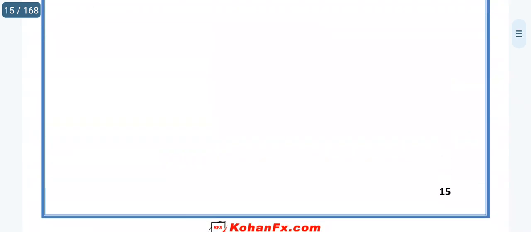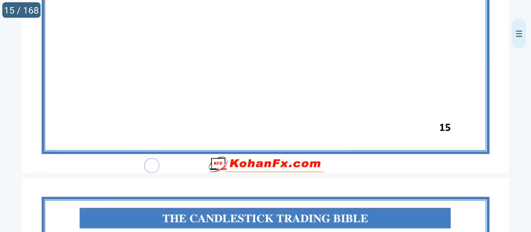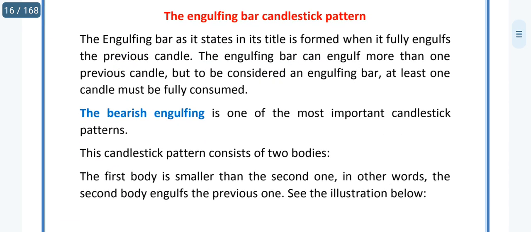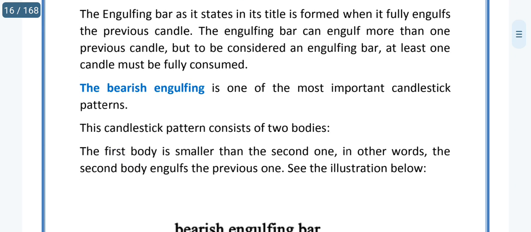So let us look at the first candlestick pattern. The first type of candlestick is the amplifying bar candlestick pattern. The amplifying bar, as it states in its title, is formed when it fully engulfs the previous candle.